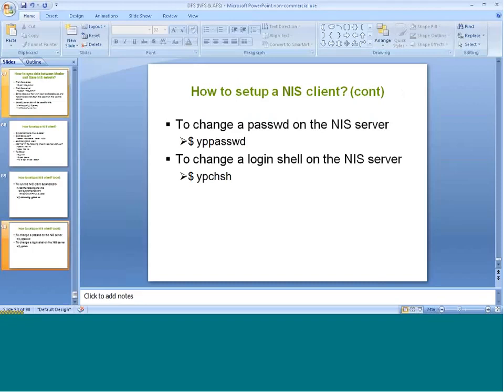We now know what an Andrew file system is and how to contrast the Andrew file system with the NFS that we learned in the last class. And then we also learned about NIS, how to set up NIS, what the key points about NIS are, and why we need NIS. Again, thank you very much for attending. See you in the next class. Thanks.